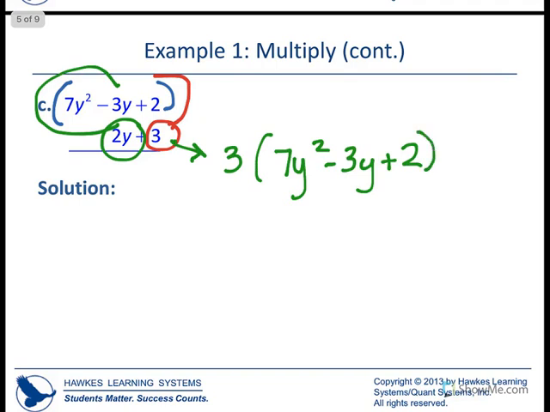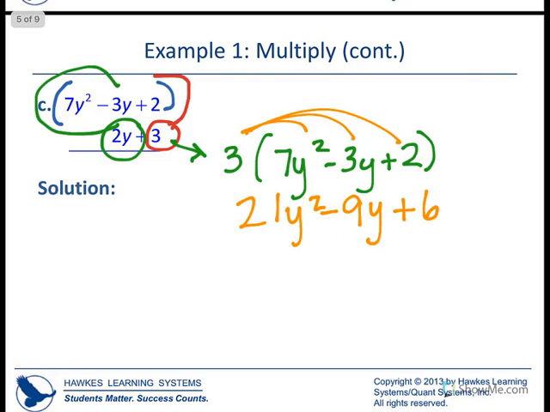Okay, and then I'm actually going to work this out first. And so this gives you 21y squared minus 9y plus 6. Okay, once I do that, then I have to remember to come back up here and multiply that by the 2y.